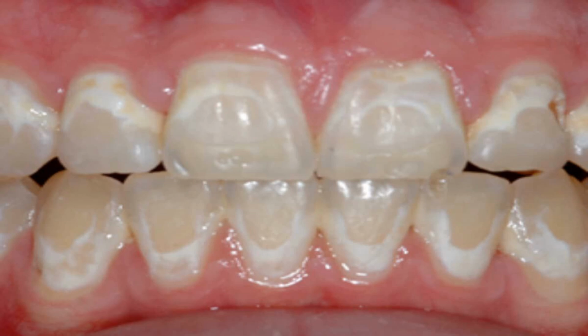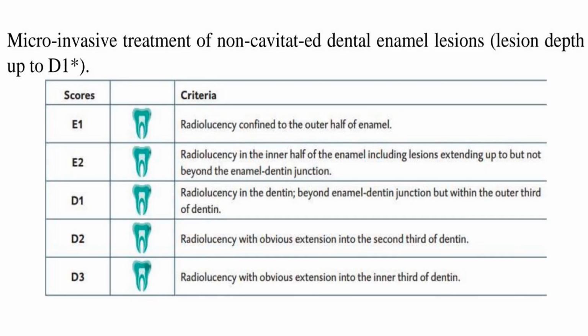So, this technique is used to treat only white spot lesions that reach only the outer one-third of dentine. So the ICON technique is used to treat enamel caries in the outer and inner half and outer one-third of dentine caries. White spots occur mostly after orthodontic treatment or in developmental defects.